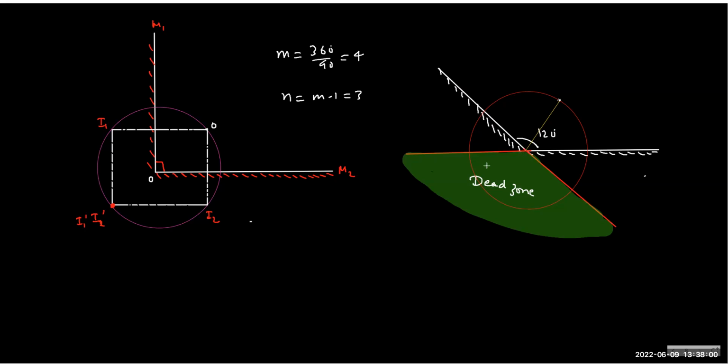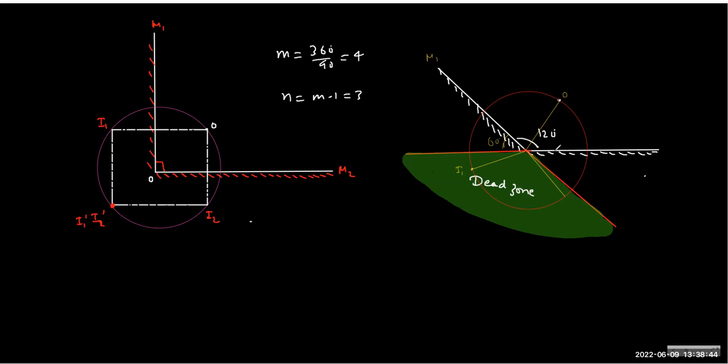So the first image itself will be somewhere here, right? If this is the object, and this is the mirror M1, I can say this is the I1. And similarly for the second side, the angle is this much, you can see even this is bigger than this one. So this angle is 60 degrees, so we have quite a big dead zone.